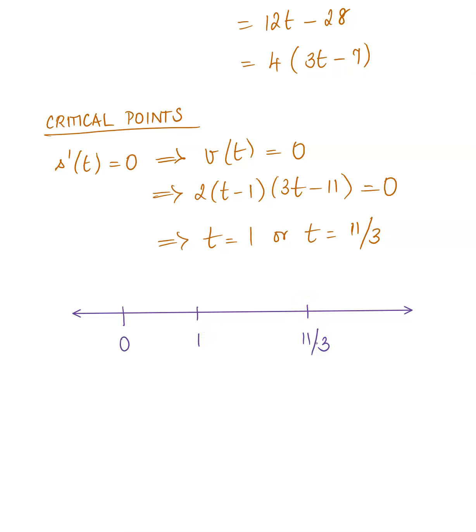These are the critical points. Critical points and endpoints are to be included. Here, the endpoint is just the 0 end; there's no end on the right, so just mark that as infinity. All right, so we now have intervals 0 to 1, 1 to 11 over 3, and 11 over 3 to infinity.